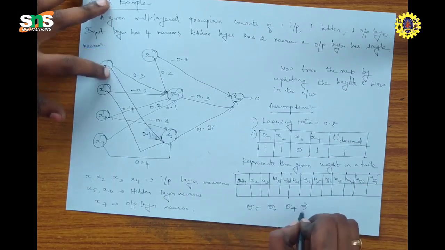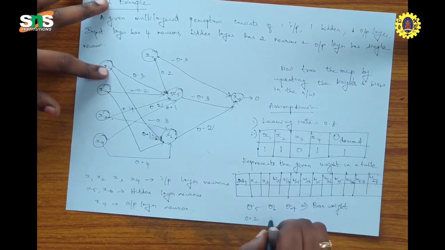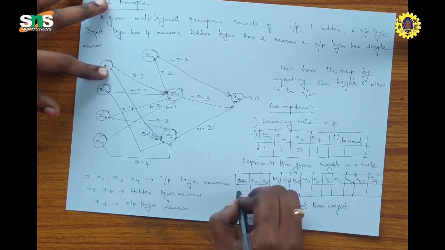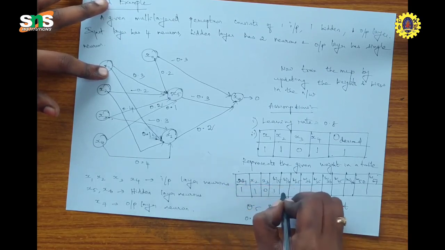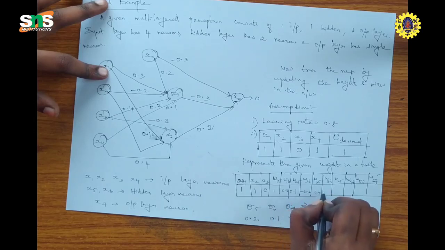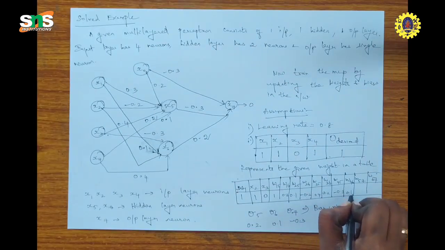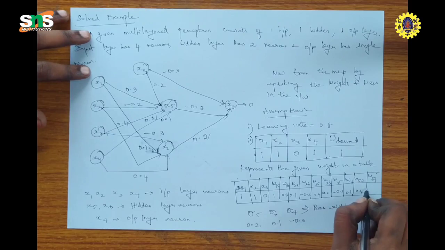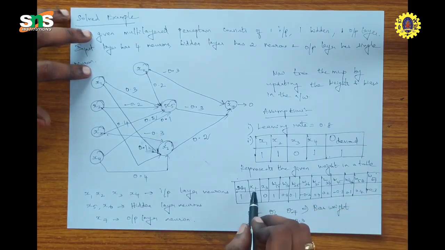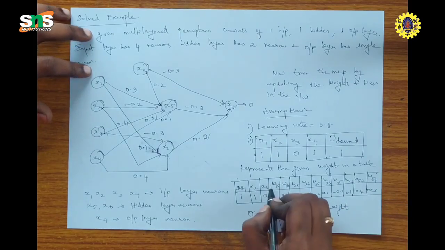These are the bias weights, with the representation 0.2, 0.1, minus 0.3, 1, 1, 0, 1, 0.3, 0.1, minus 0.2, 0.4, 0.2, minus 0.3, 0.2, 0.4, 0.3. Here x1 is 1, x2 is 1, x3 is 0, and x4 is 1.